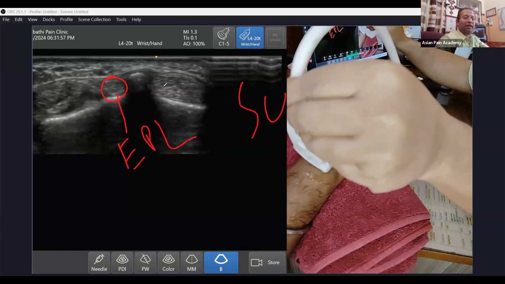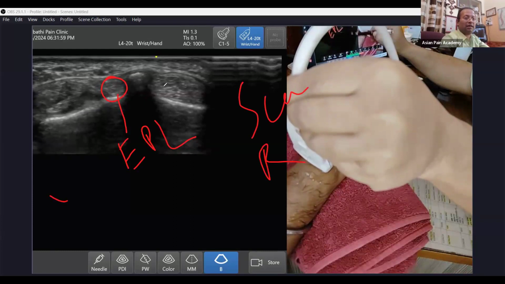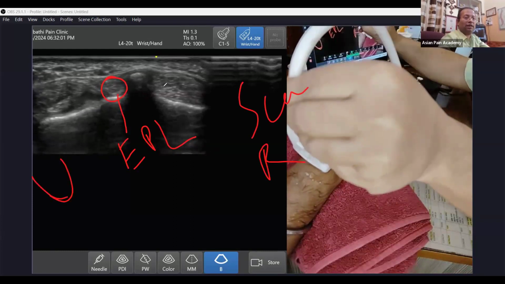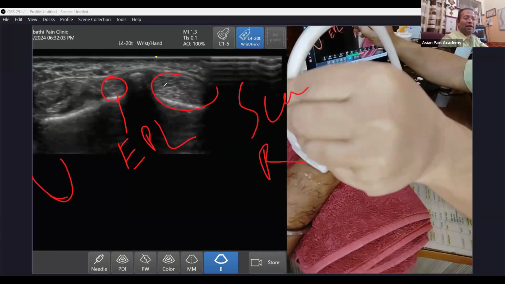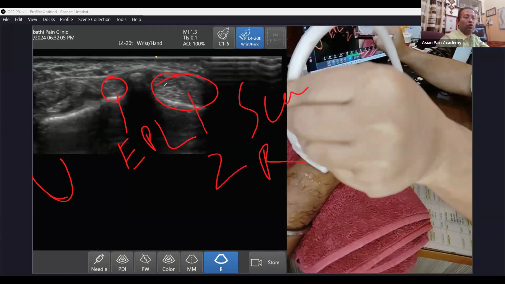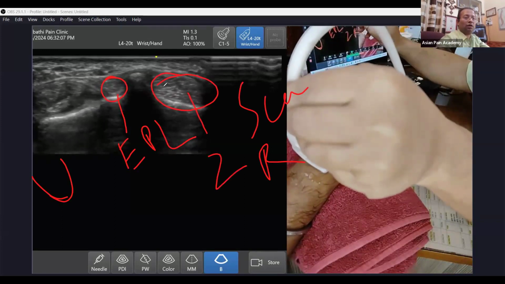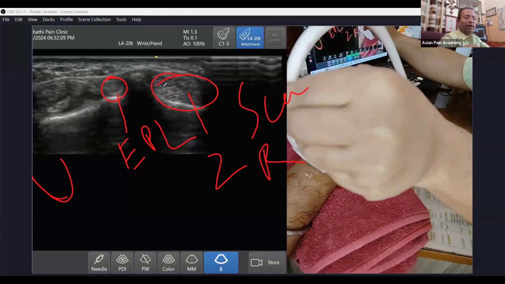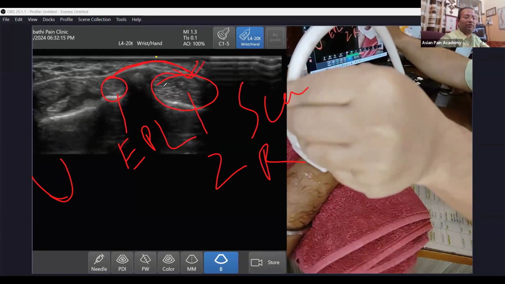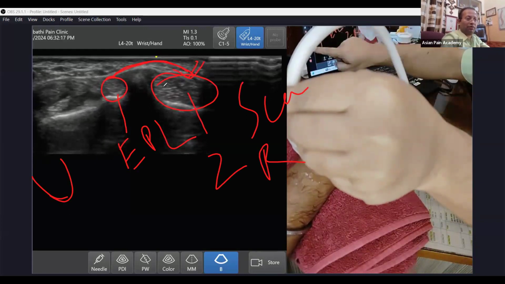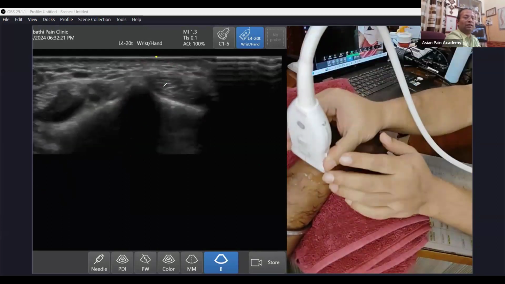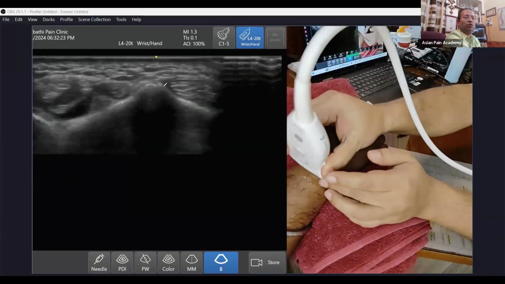This is the scaphoid side, radial side, this is ulnar side. And this is ECRL, ECRB, compartment number 2. By theory, after some time it should go above it, because it will also traverse. Compartment number 3 is also going above compartment number 2. Let's see whether it goes or not.